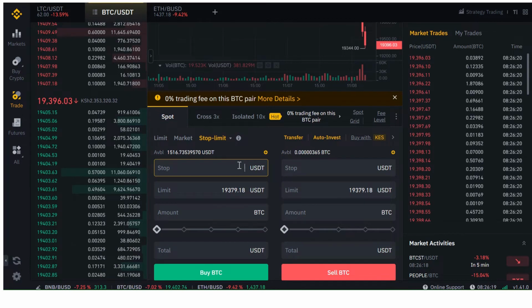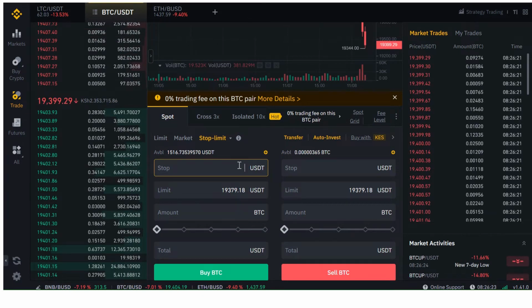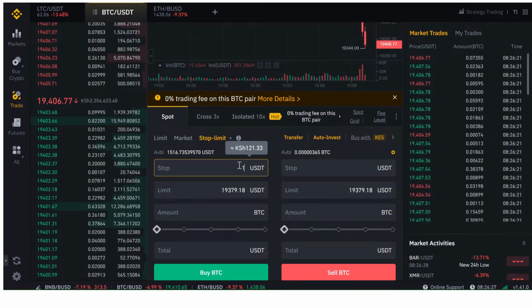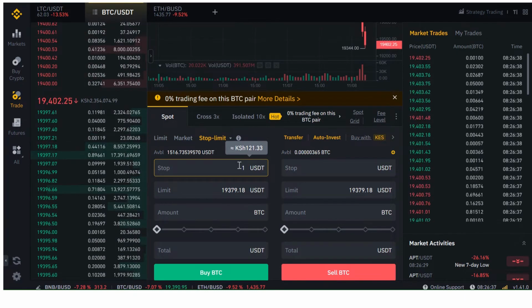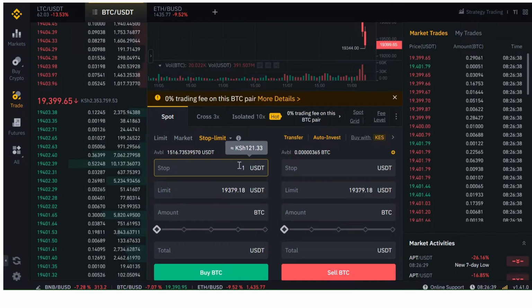For example, I can buy at 19,400 and put a stop loss at 19,350. What that means is if the price goes below 19,350, the system will automatically execute a trade to sell my current position of Bitcoin and exchange it for stablecoin so that I don't keep going at a loss.